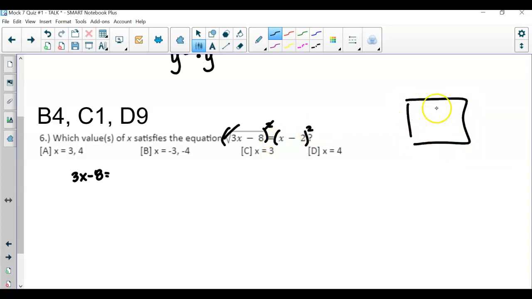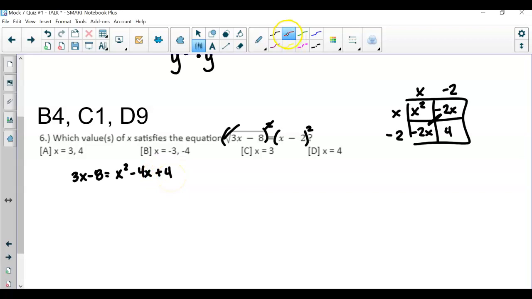So you do need to do the box method. This is x minus 2 times x minus 2. Here I've got x squared, negative 2x, negative 2x, and positive 4. After combining like terms on the diagonal, you have x squared minus 4x plus 4.